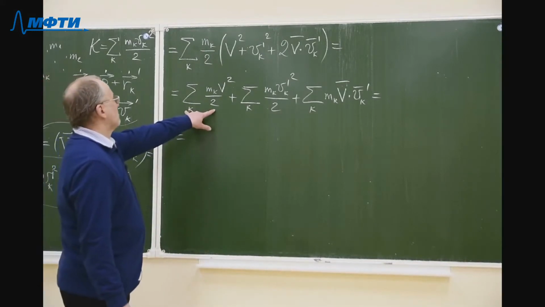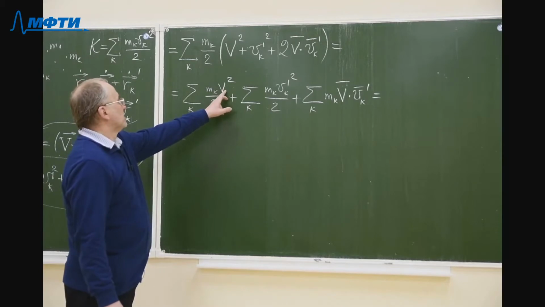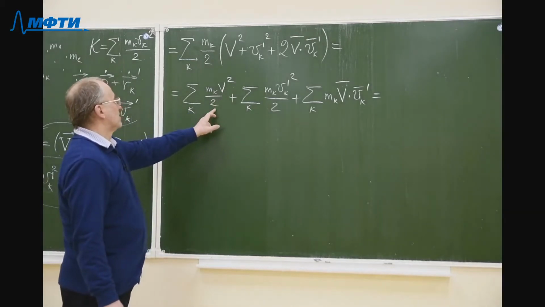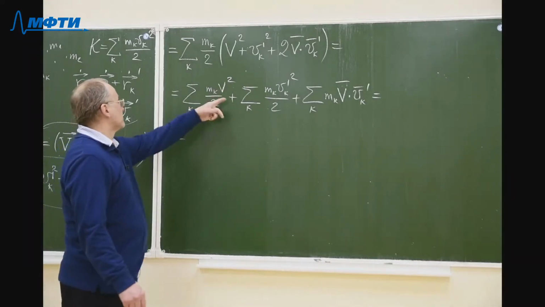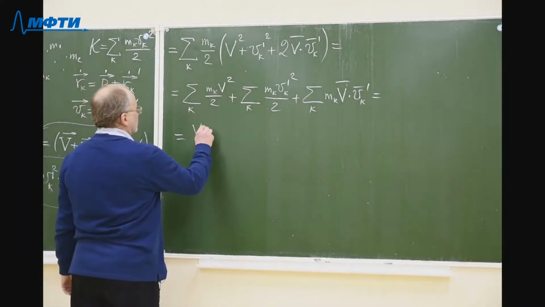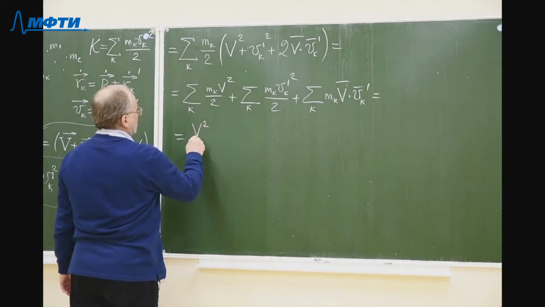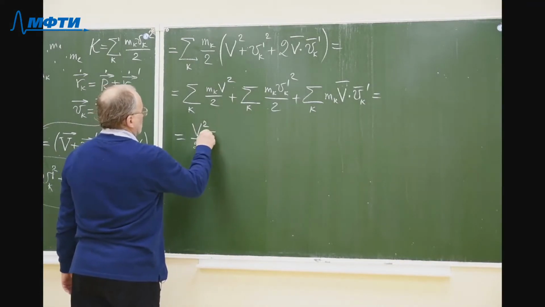In the first sum, V squared divided by 2 is constant. And I can factor this sum by this constant. I can take this constant out of the sum. So I will have V squared over 2.